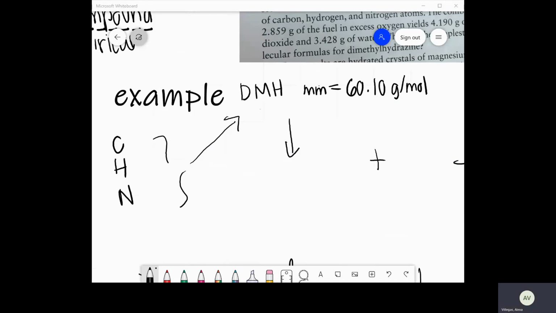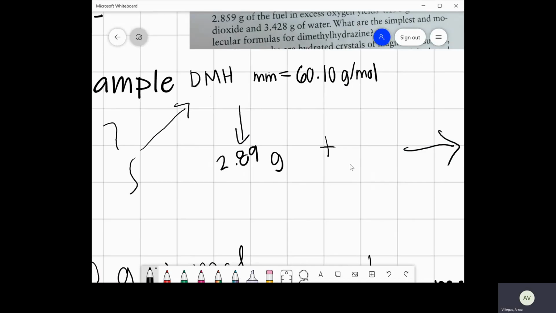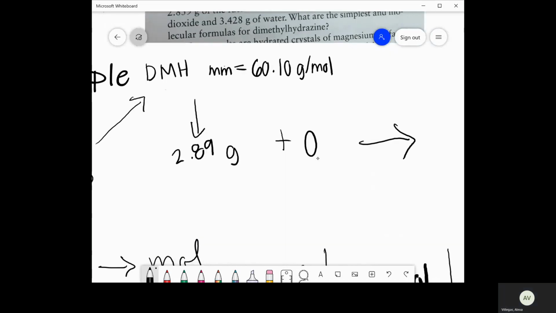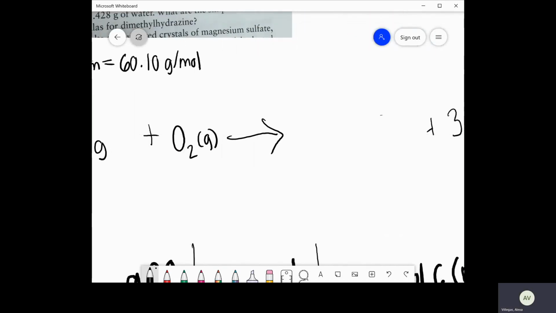You also know that 2.89 grams of this compound combined with an excess of oxygen and that gave you carbon dioxide and water.